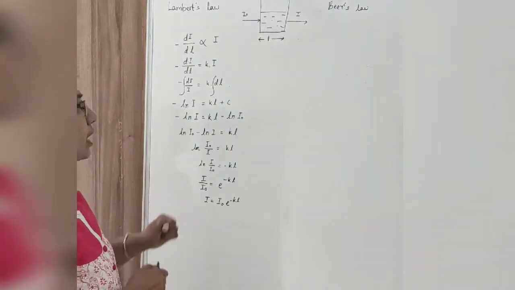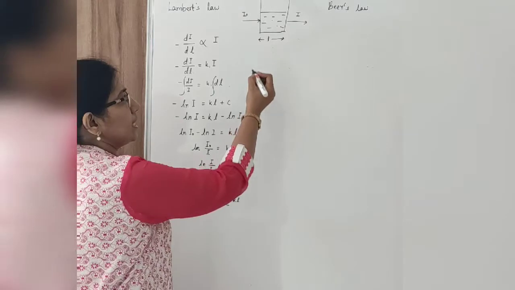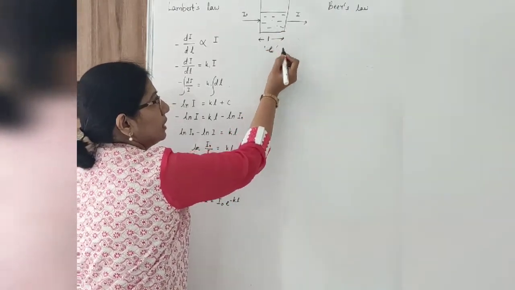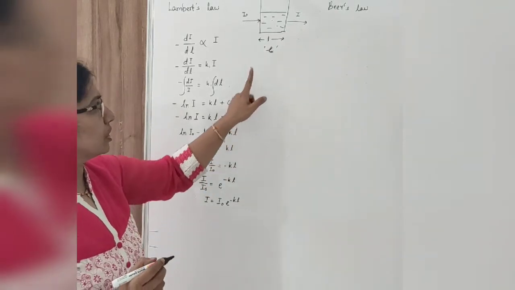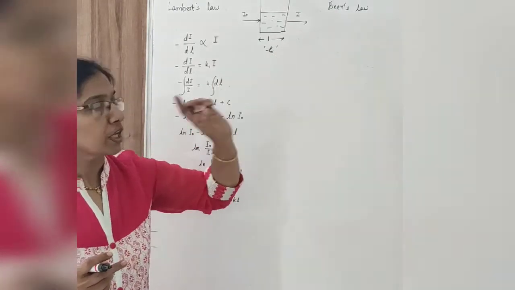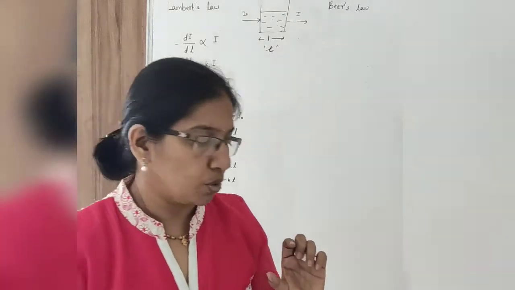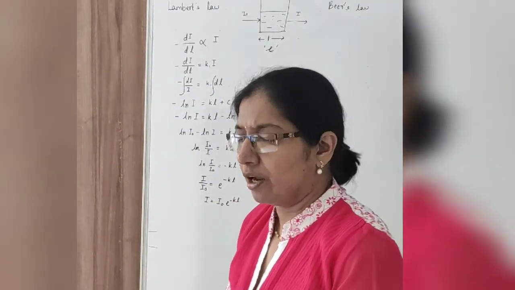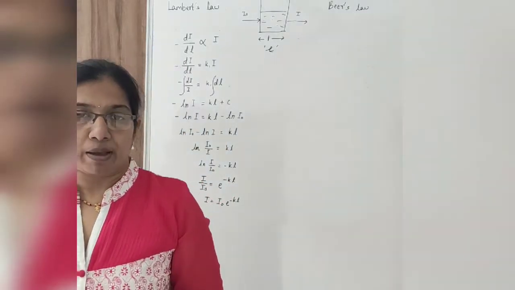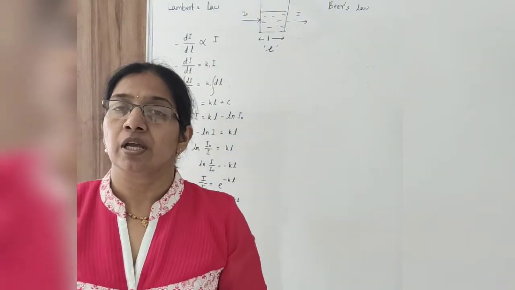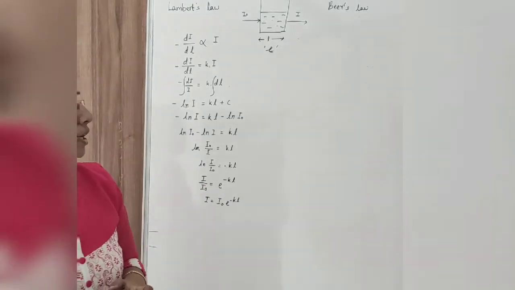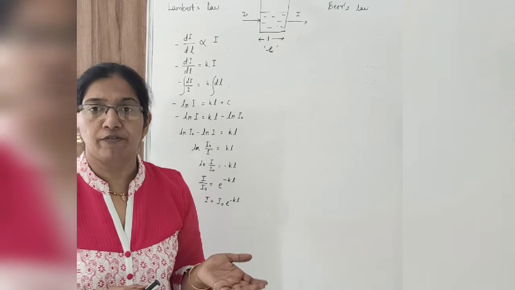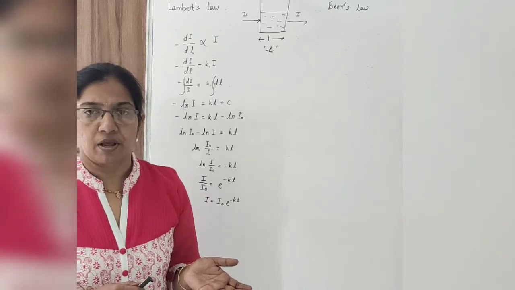The same solution is there. Let C be the concentration of this solution. To avoid confusion with the constant of integration, this C is the concentration of the solution. Now as the concentration increases, the number of absorbing molecules also increases, and the intensity of transmitted light goes on decreasing with increasing concentration.